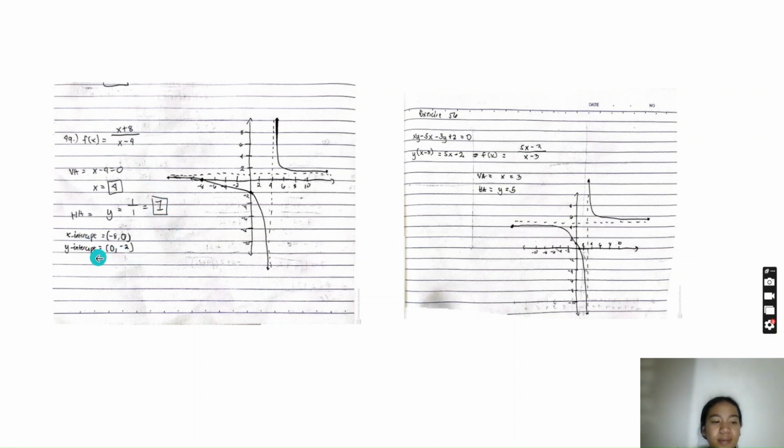For our x-intercept, x plus 8 over x minus 4 is multiplied on both sides by x minus 4, leaving us x plus 8, then setting it to 0, x plus 8 equals 0, then transposing to the right gives us negative 8. The x-intercept is negative 8 and 0. And for our y-intercept, it gives us 0 and negative 2.